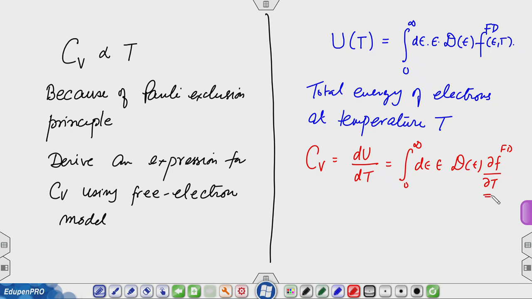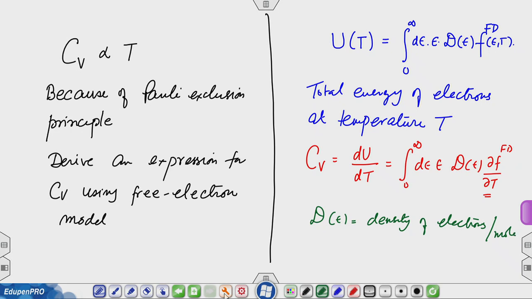So if I want to calculate Cv per mole, then this density of states is the density of electrons per mole. So our job is to calculate this.